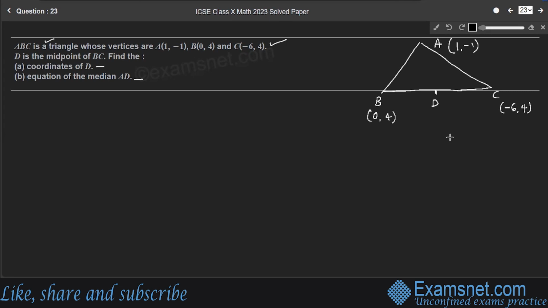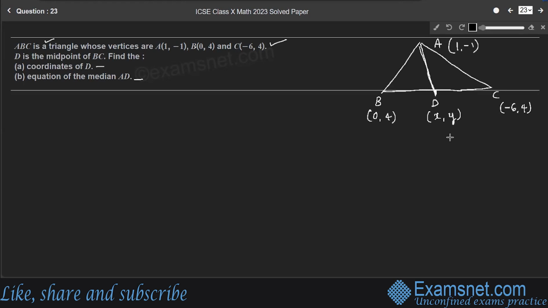So we need to find the coordinates of D, let them be X, Y. Right? And the second question is the equation of the median AD. So AD is the median, that means it bisects BC. We need to find the equation of median AD. So let us find the coordinates of D first.